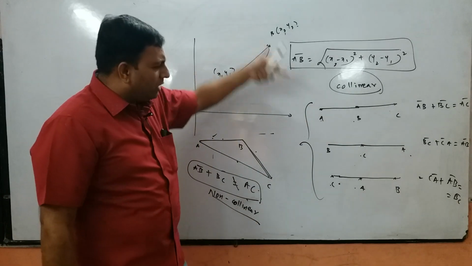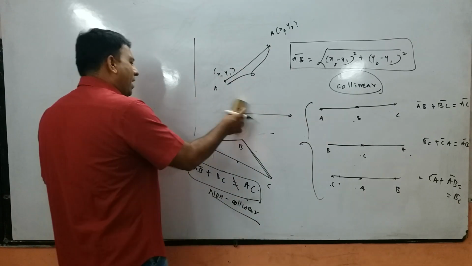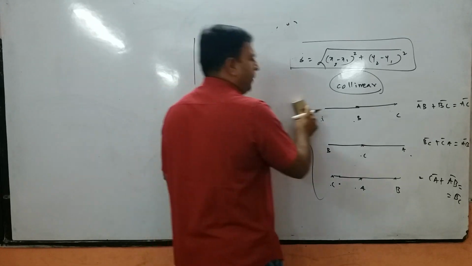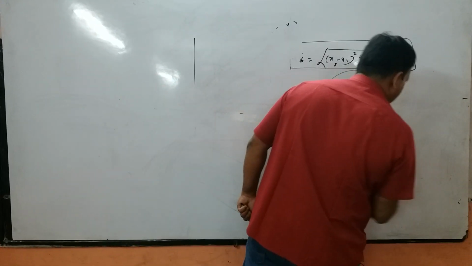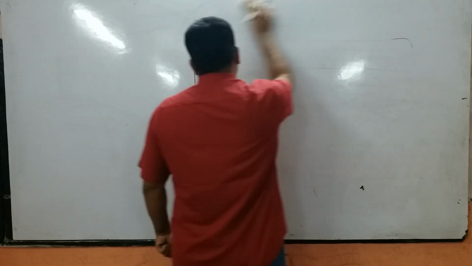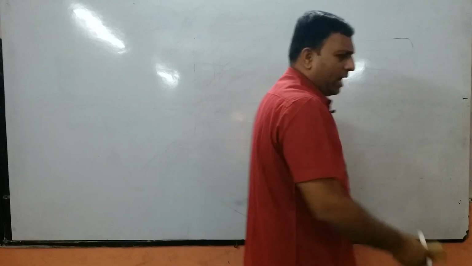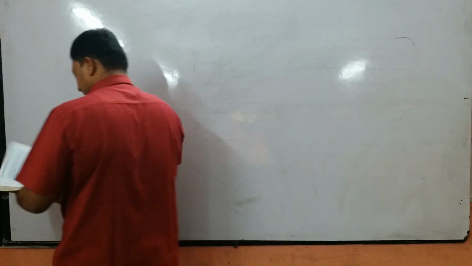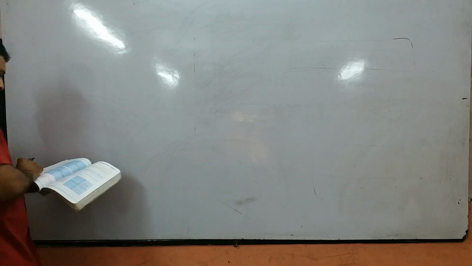So based on these two concepts, you have your first exercise in this chapter. Let us try to pick some 2 easy questions and understand what that means. I will take a textbook and try to solve a few problems from it.